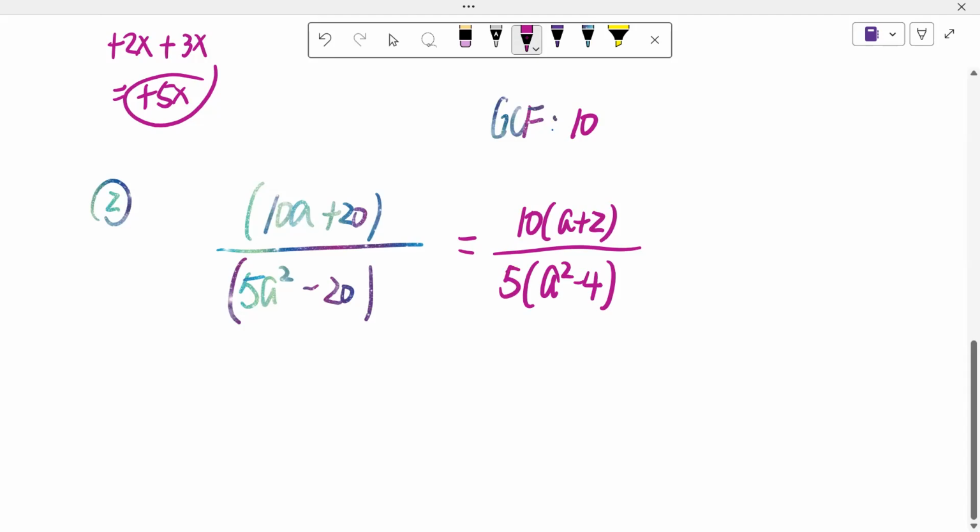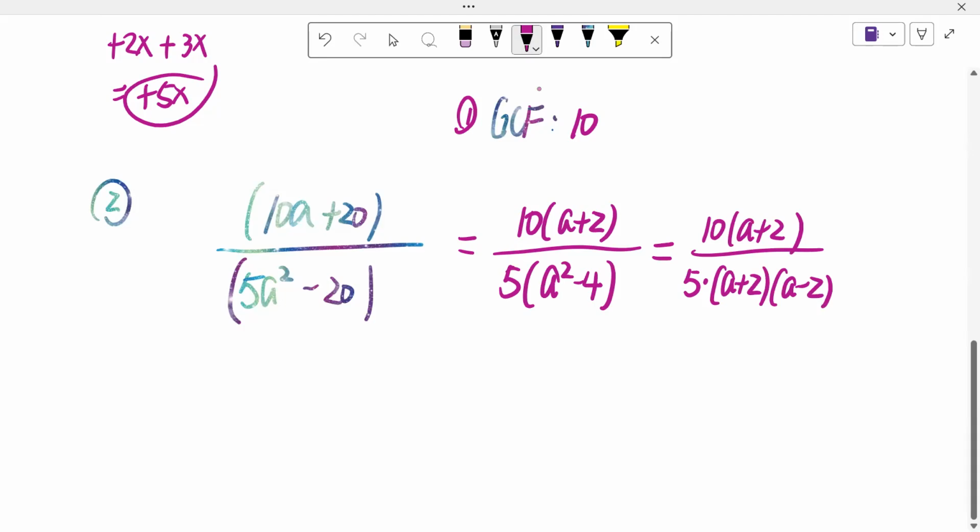So step 1, always check the GCF, and after that we factor by whatever applies. In this case, the bottom is a difference of 2 squares. On the top, it's 10 times a plus 2. On the bottom, that's 5 times a plus 2, a minus 2.